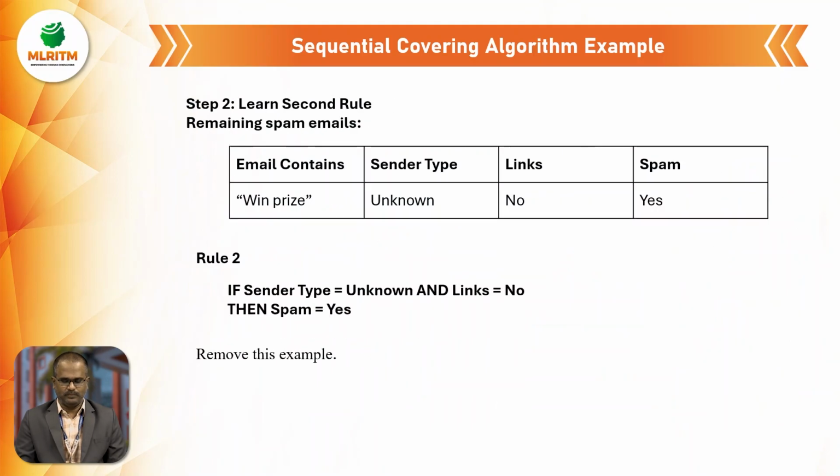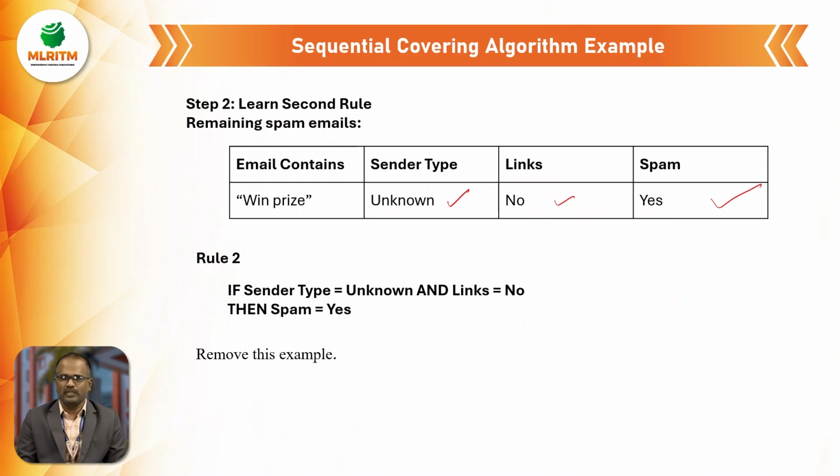Learn rule 2. This is the second rule. This is the data set, and this is the positive example left in the data set. To cover this example, we wrote one rule: if sender type is unknown and links no, in that case also spam. Whatever the mail contains, if sender type is unknown and link type is no, then those mails are also treated as spam mails.